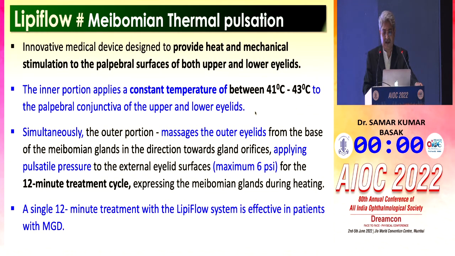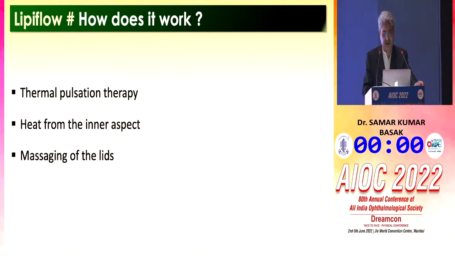LipiFlow has a constant temperature between 41 to 43, and it applies pressure with 6 psi in a 12-minute treatment cycle. The whole procedure, with fitting and all the connections, requires around 20 minutes, but the actual treatment is a 12-minute cycle, and it's effective in patients with MGD.